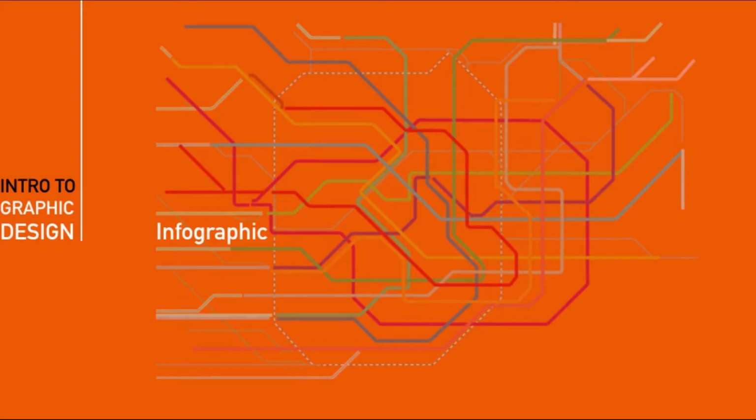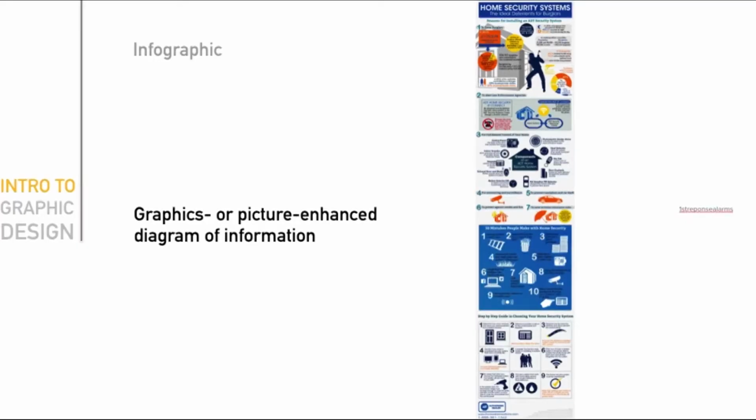Infographics are more complex than your basic chart or diagram. They actually contain a variety of charts and diagrams, but they also can contain a lot more information. So an infographic is specifically pictures and text. So you've got illustrations, icons, bits of graphics, visual things that work with the text to explain the information.